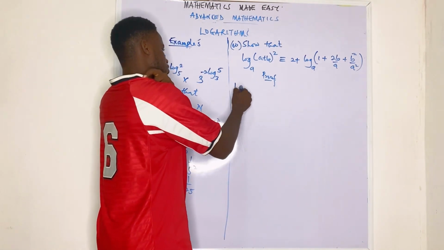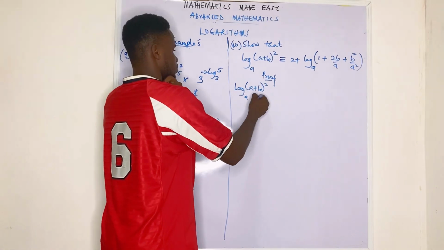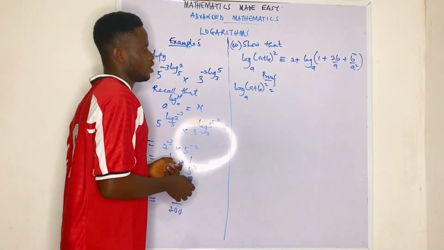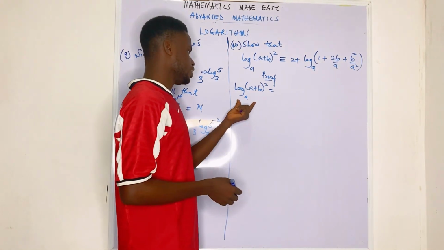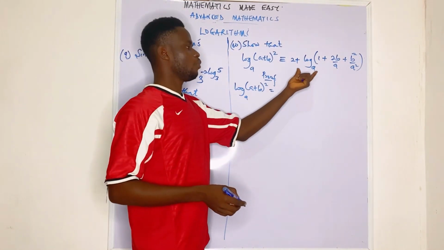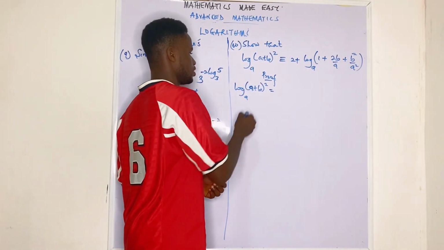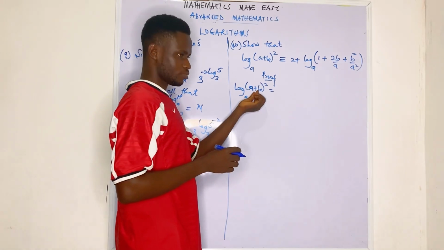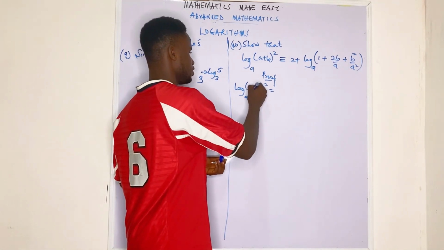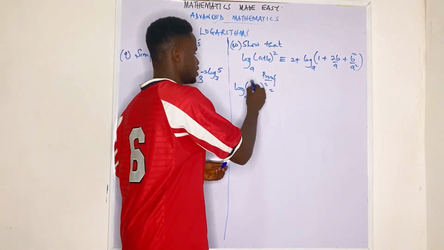Since we are given log of (a plus b) to the power 2 base a, the only way we can show this is we find a means in which you can express this logarithm in the form of this. And how can we do that? You know, here this is addition. This is addition. It will not be easy to apply the laws like that.